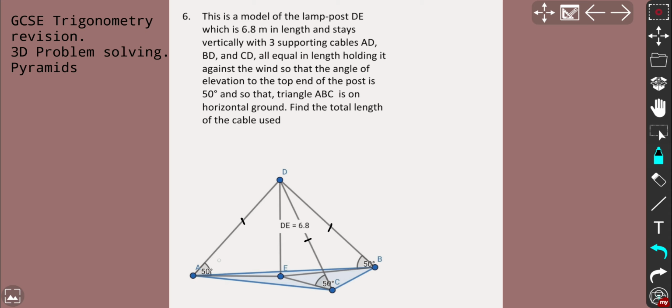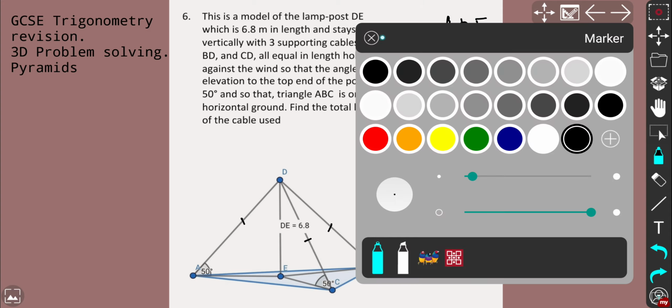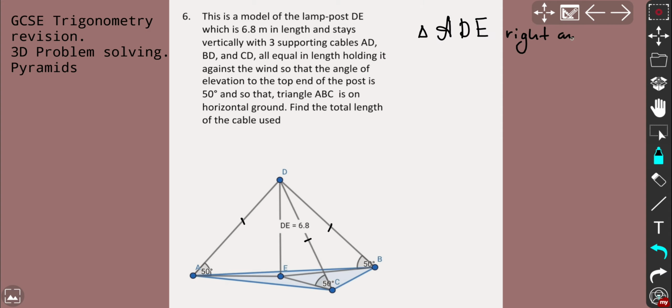So for example, let's have a look at triangle ADE. It's definitely a right-angled triangle. And where is the right angle?